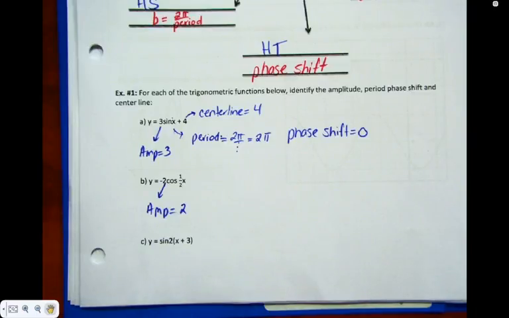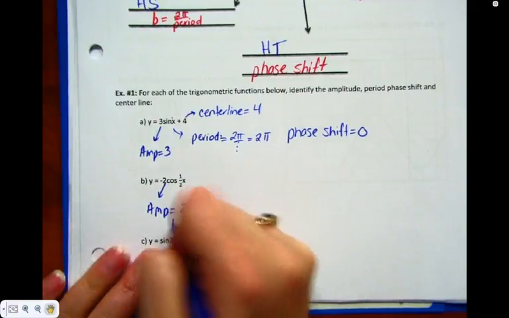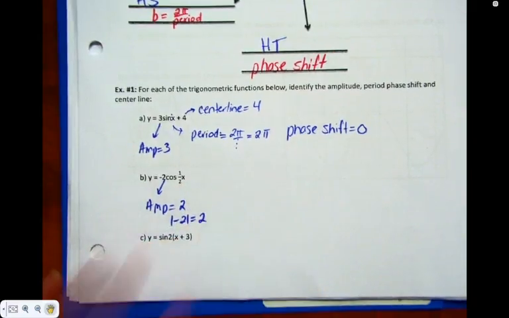Amplitude is a distance, so it can't be negative. Sometimes you'll see it written like this, absolute value of -2 equals 2. I just did it in our head, but you can write it with absolute value.